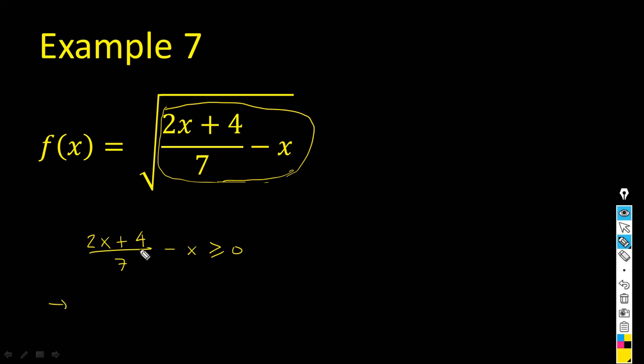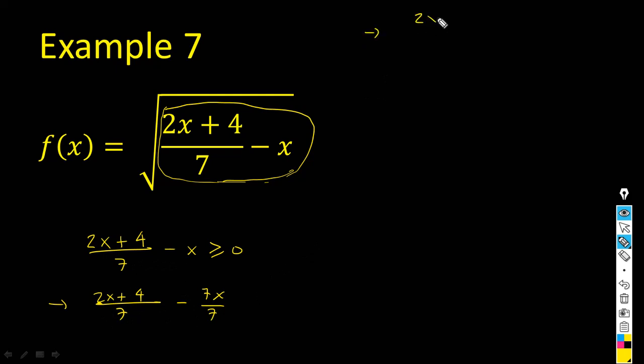So let's do it. First, I'm gonna add this and this. Okay, I'm gonna subtract them, sorry. I'm gonna do that by getting an equivalent fraction. This is the same as minus 7x over 7. I'm producing an equivalent fraction to x, in order to be subtracted with this other fraction, because now they have a common denominator. So I'm gonna continue over here.